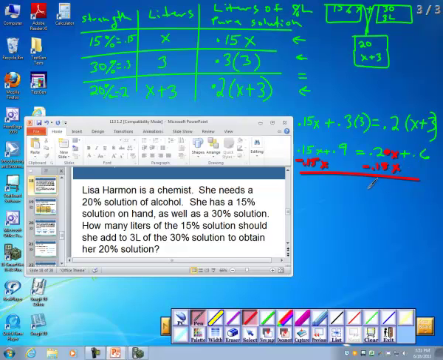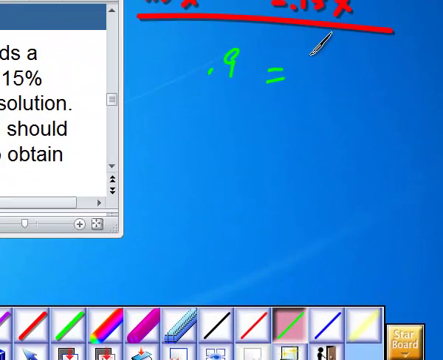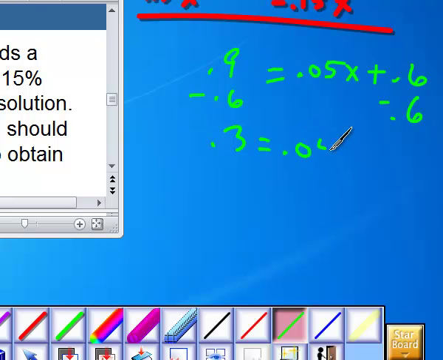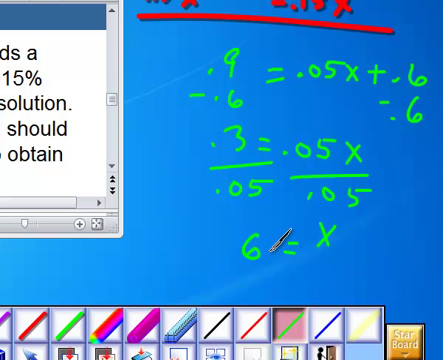So we end up with 0.9 equals 0.05x plus 0.6, and then apply minus 0.6, and we get 0.3 equals 0.05x, divided by 0.05. And so we end up with x equals 6. Okay?